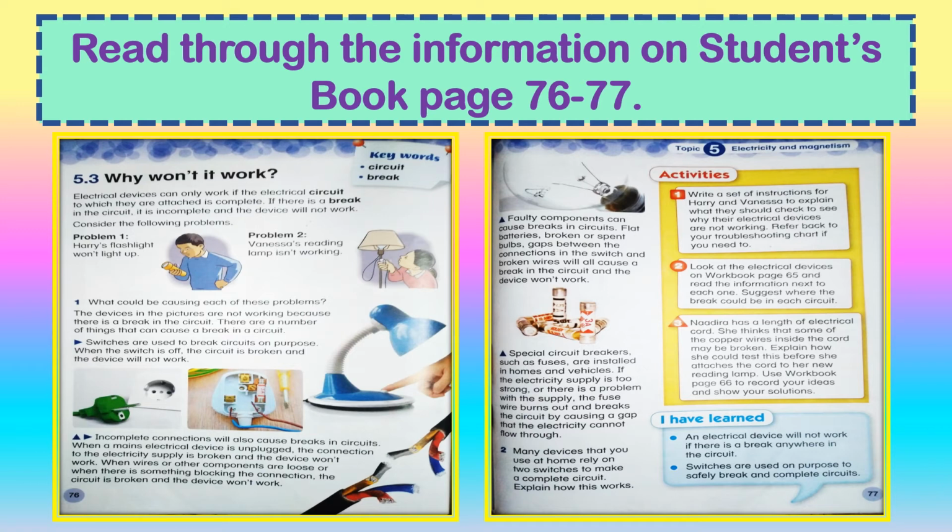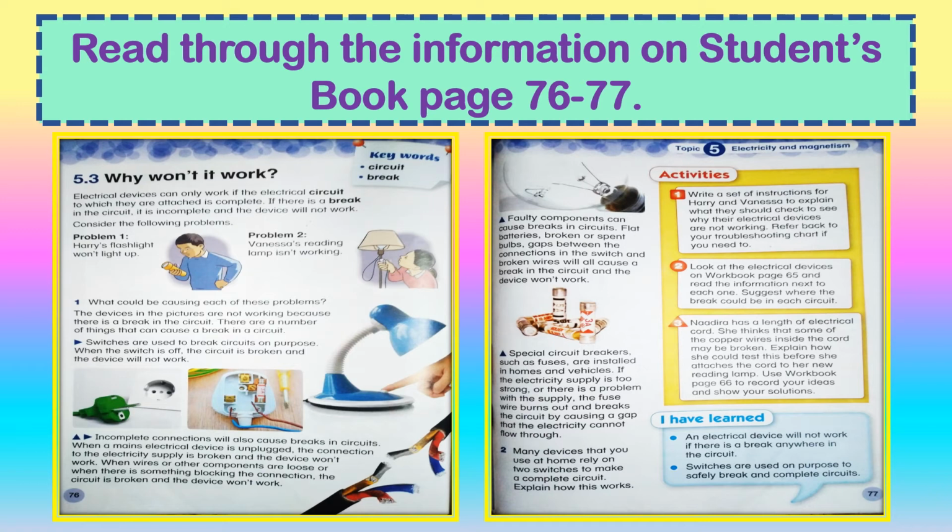Third, faulty components can cause breaks in circuits. Flat batteries, broken or spent bulbs, gaps between the connections in the switch, and broken wires will also cause a break in the circuit and the device won't work. Special circuit breakers also cause this problem, such as fuses that are installed in homes and vehicles.